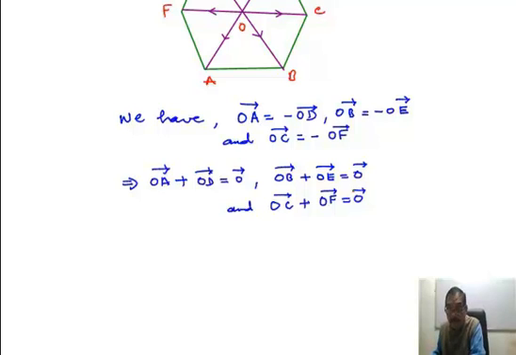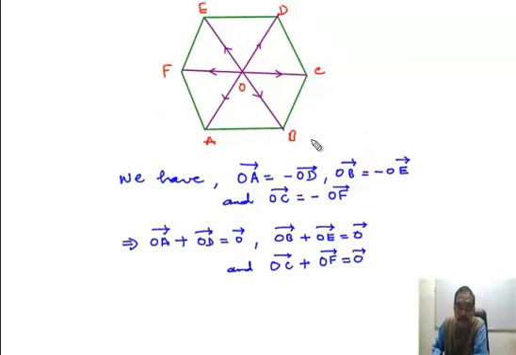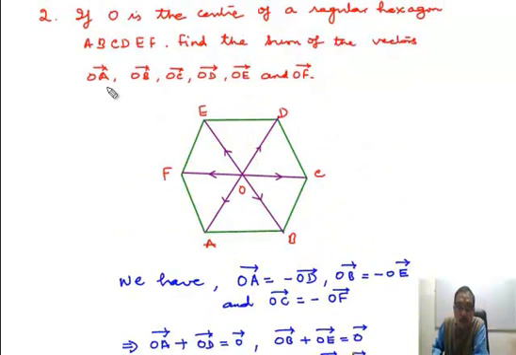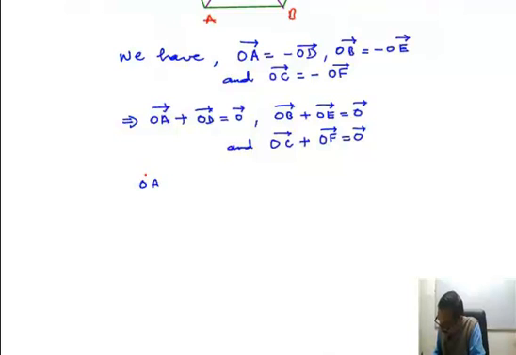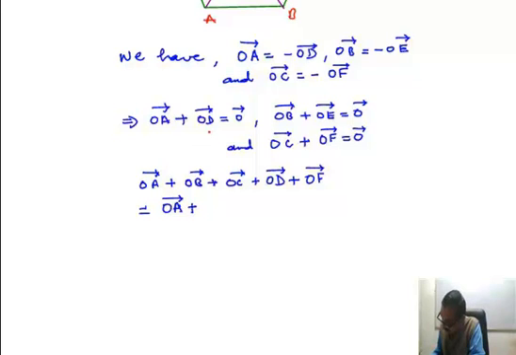Now we want here the sum of vectors OA, OB, OC, OD, OE and OF. So we can say that OA vector plus OB vector plus OC vector plus OD vector plus OE vector plus OF vector is equal to, we can club two, means OA vector we are clubbing with OD.